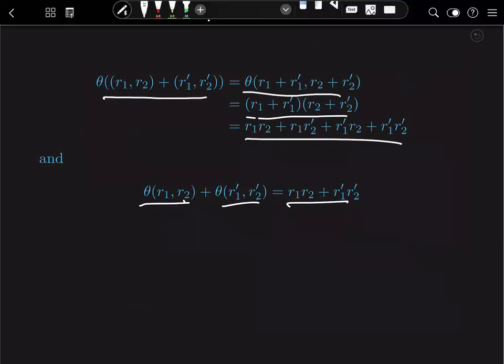But theta does satisfy some other properties that are very important, and these properties are motivated from this distribution law here. I'm going to list some of the properties that theta satisfies.